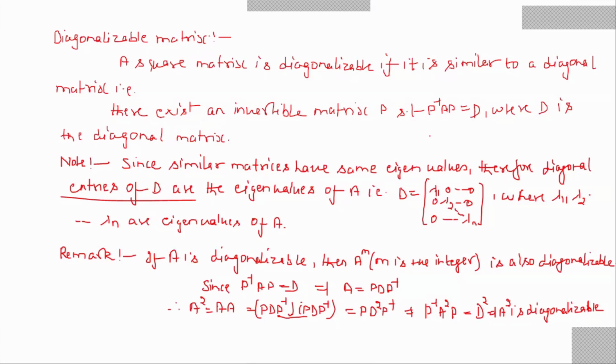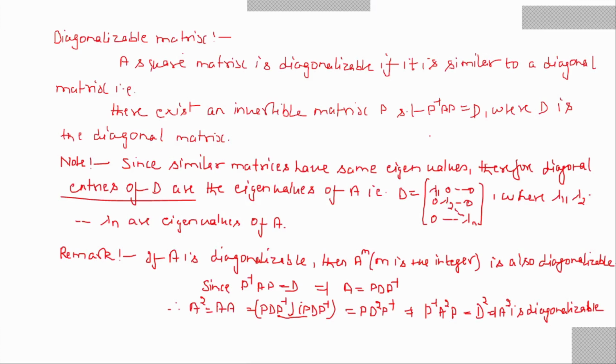If you calculate A cube, you will get P into D cube into P inverse. So this implies P inverse A cube P is equal to D cube. So it is also diagonalizable.